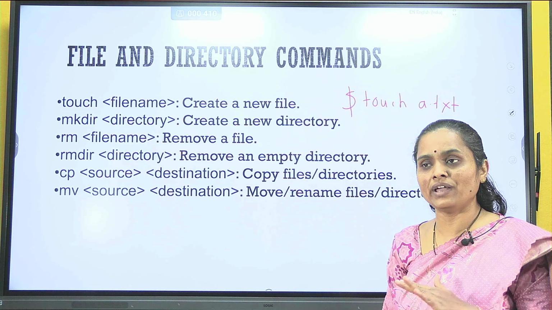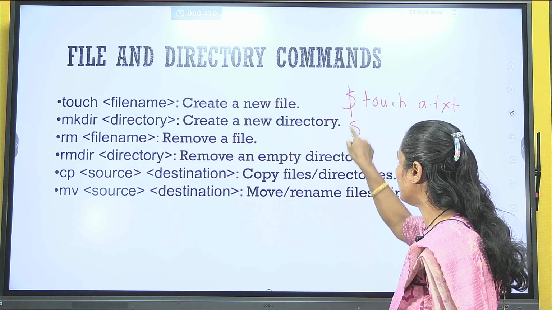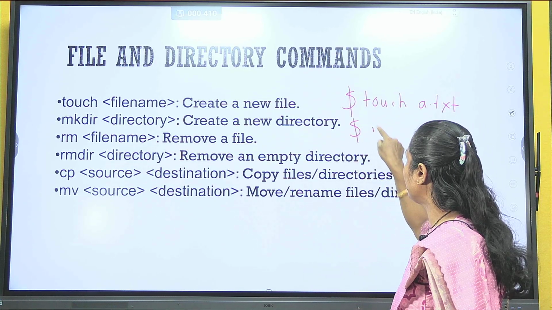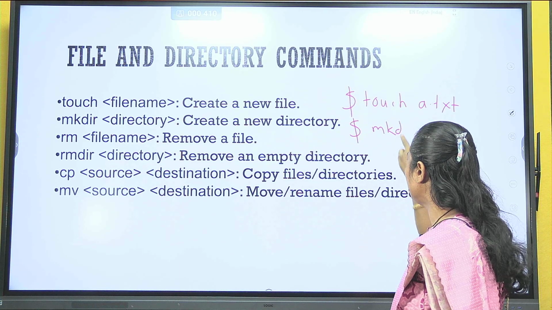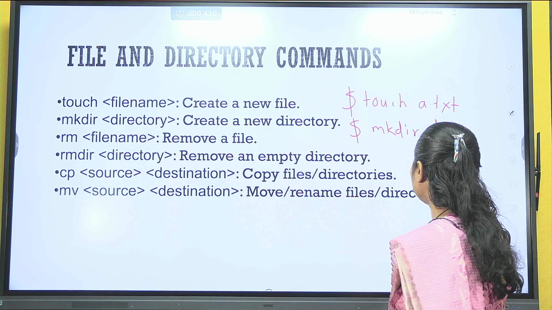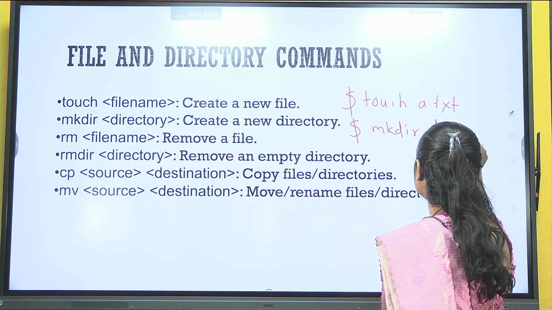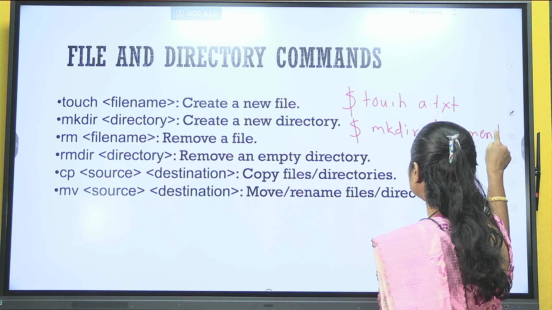Now there is no directory in this path and I want to create a new directory like document. I will use mkdir document. Now I have used these two commands.